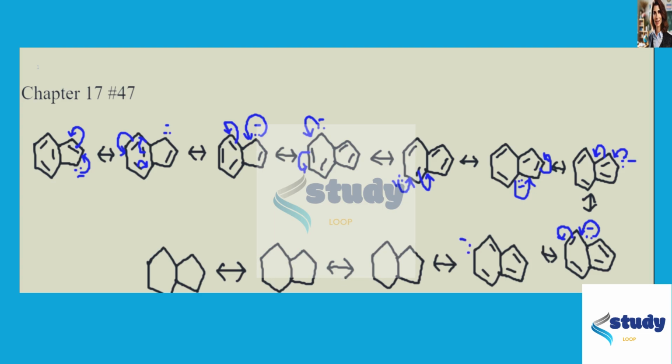So now the lone pair is here, and then this can continue moving around the rings. So now our lone pair is on this bottom carbon of the ring.